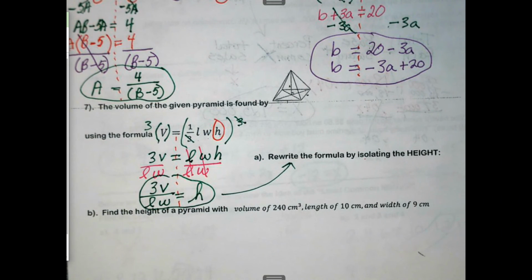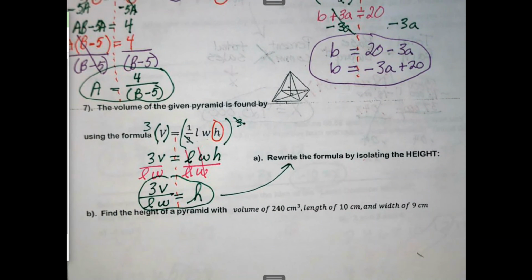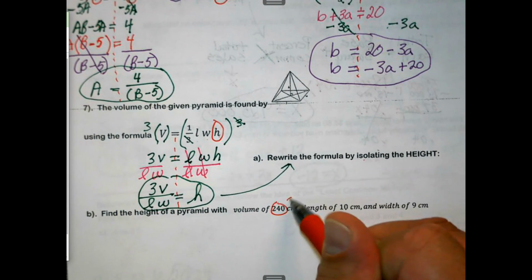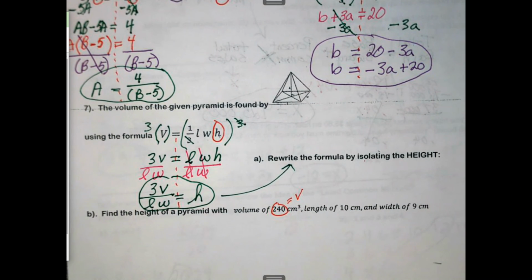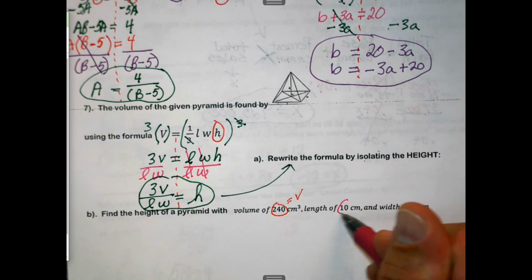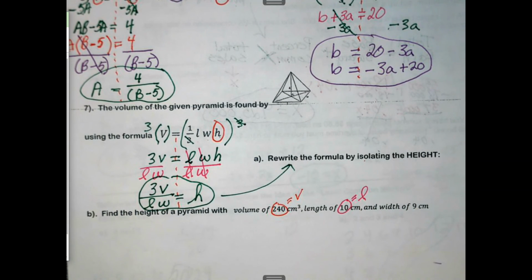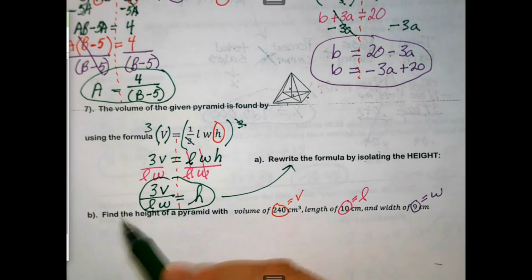Then it actually gives us some values for our variables, right? Volume, V equals 240. Let's see, length equals 10. That's our length. And then we have width equals 9. Go ahead and plug them in.